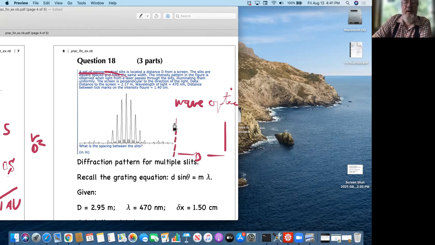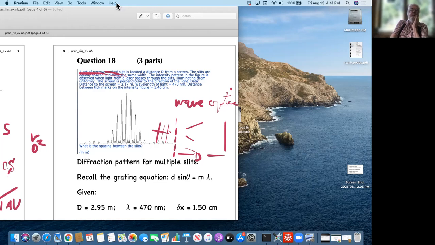So those are the slits, and this is kind of a top-down view. And now you have waves incident on this set of slits, and now you'll have waves coming out and interfering.